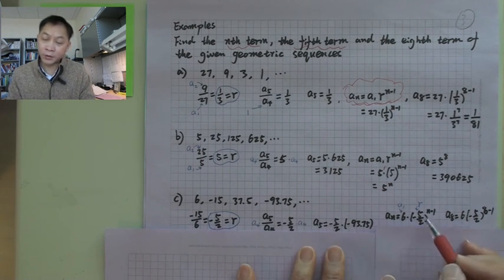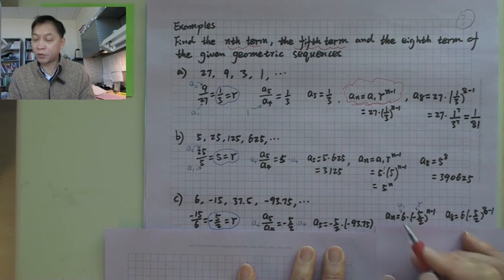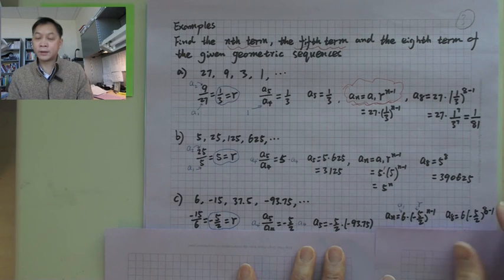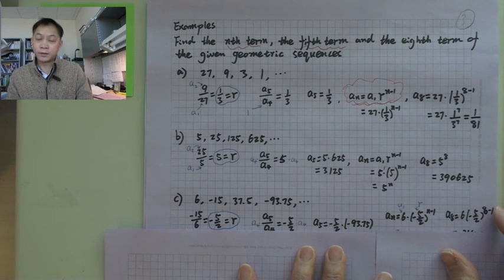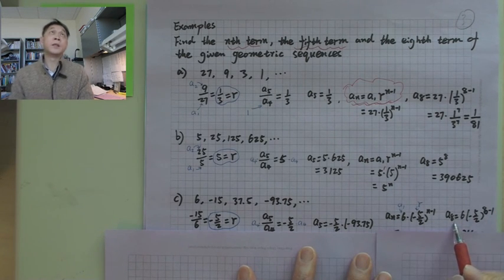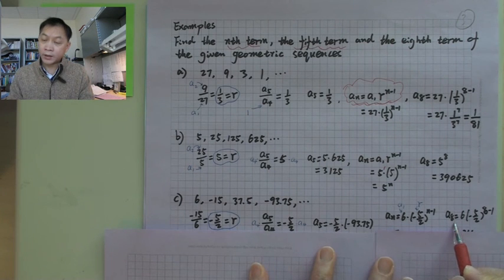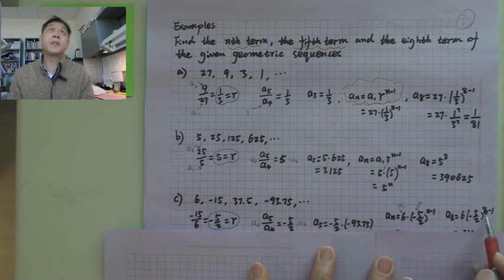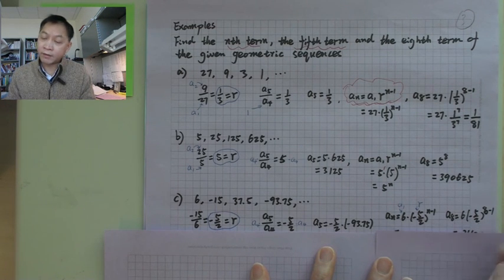It's negative 5 over 2. The exponent is n minus 1. That's the general formula. Now then A sub 8 is what? Plugging 8 here, you have 8 minus 1, and that's 7. The exponent is 7.